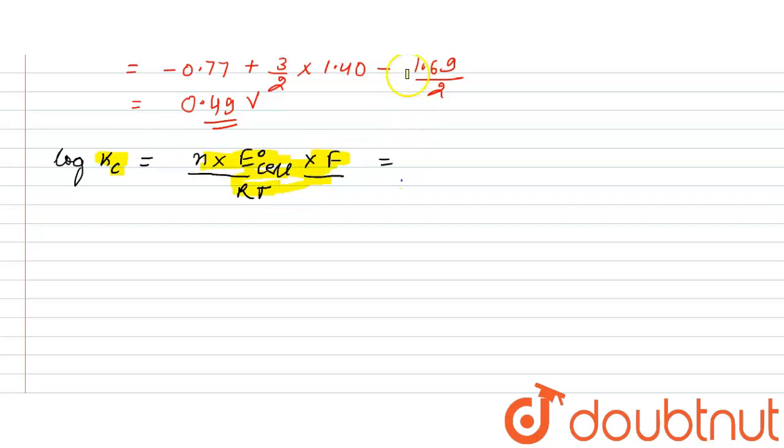So let's write down the value of RT by F, which is 0.059. So the value of F by RT will be the reciprocal of 0.059. So finally this equation can be written as n into E naught of cell divided by 0.059. Now our aim is to find the value of n.